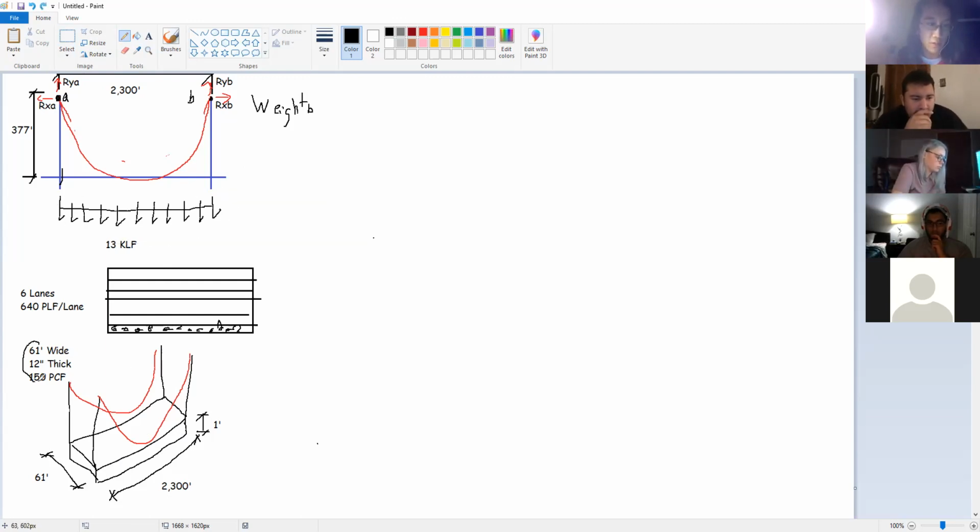So he's just going to use these measurements right here. He's not going to bring this over and say, oh, this is how much it weighs. He's just going to use these measurements solely first. He's going to get the area times the density to get the weight per linear foot.